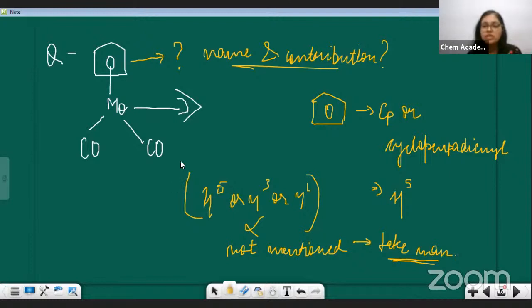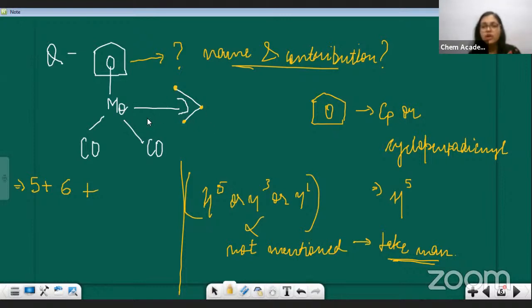So how can we solve this question? Here in case of CP, it will be 5. Here this is molybdenum. Its group number is going to be 6. Plus, now here the metal is attached to 3 sites of the ligand, 1, 2, 3.